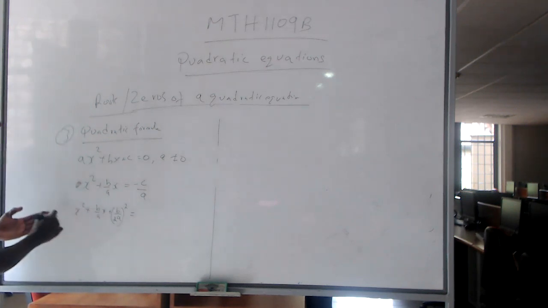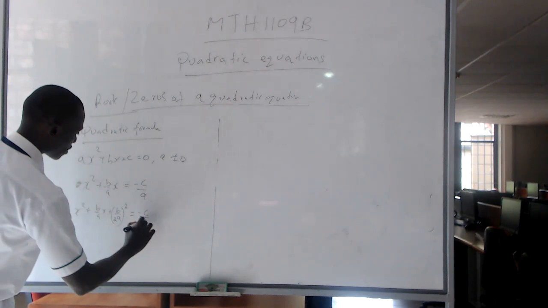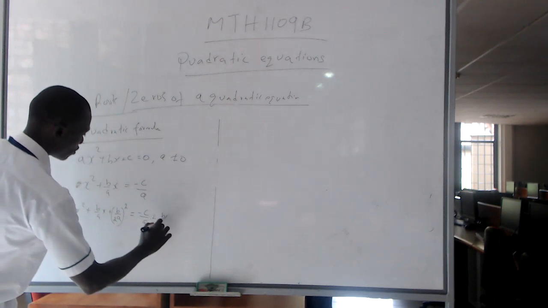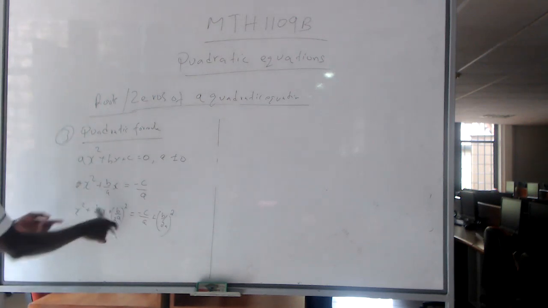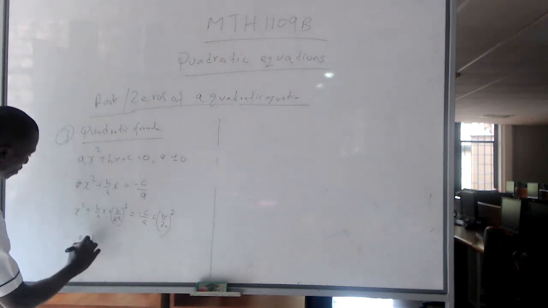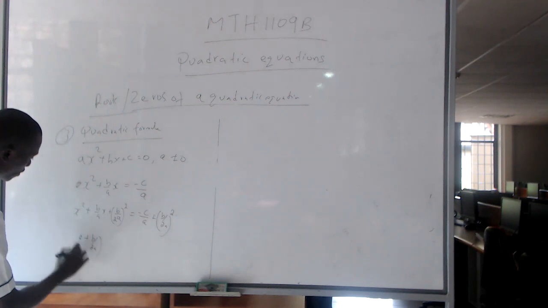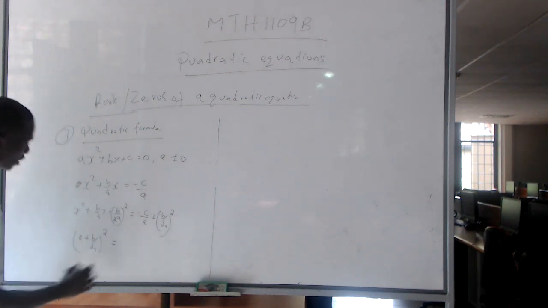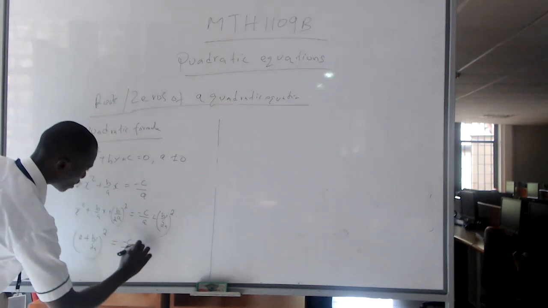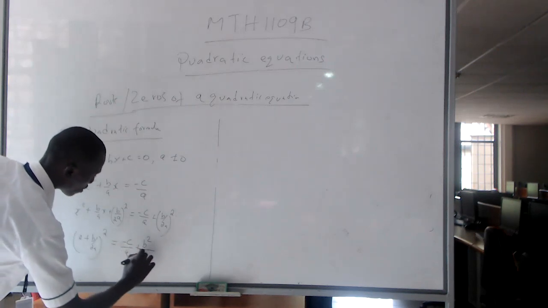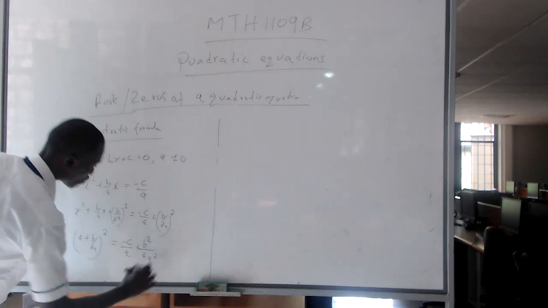What you add on the left hand side, you must add on the right hand side for you to retain the meaning of your expression. Okay, but I know that the left hand side will be the same as x plus b divided by 2a squared, which must give me minus c divided by a plus b squared divided by 4a squared.